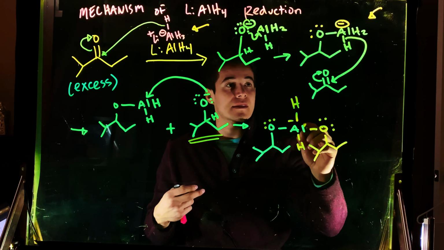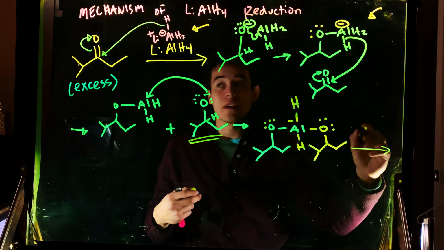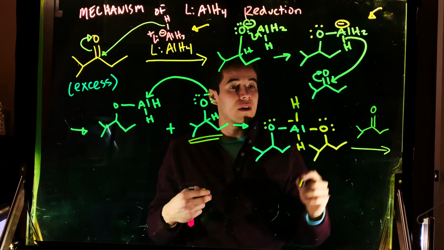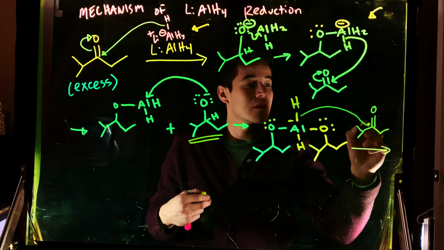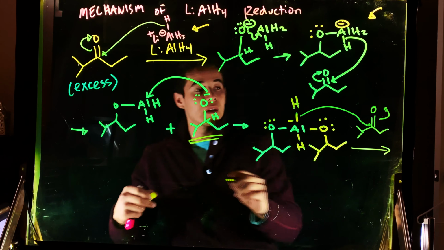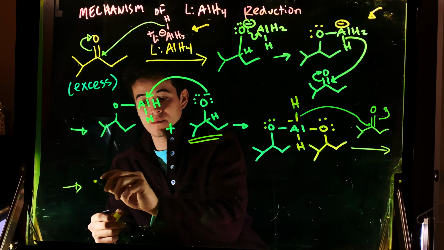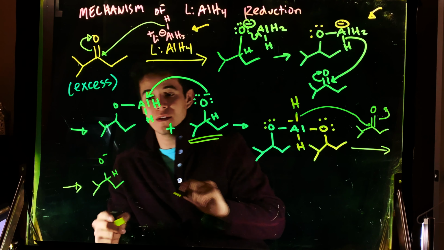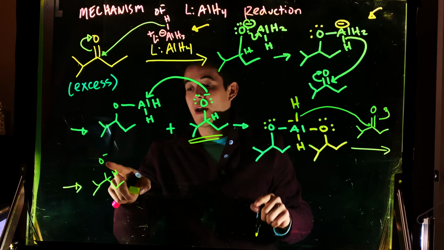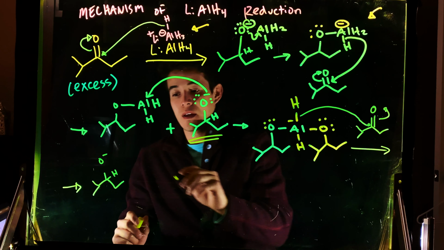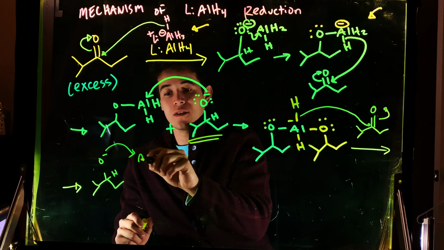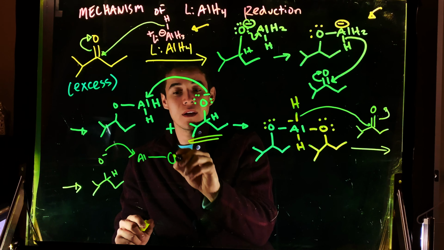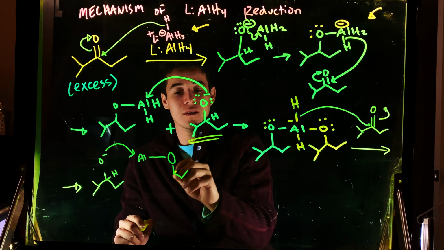So if I take this aluminum and I react it with another group just like this, well, I can donate one of these hydrogens. Okay, that's going to give me a new hydrogen here. My oxygen can come and grab my aluminum. So it's going to go hit my aluminum. My aluminum currently is bonded to an oxygen, which is bonded to here.